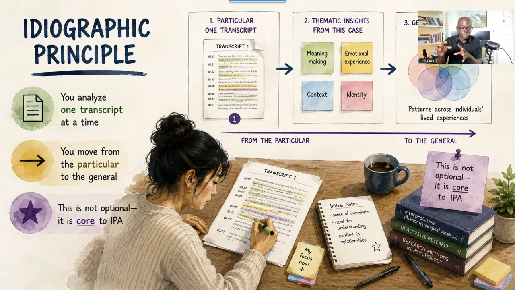I'll talk about superordinate themes. So this means that you first analyze participant data right from the beginning to the end until you get the overarching themes. Then after that, you go to the next participant and do the same thing. So you do it for individual participants.